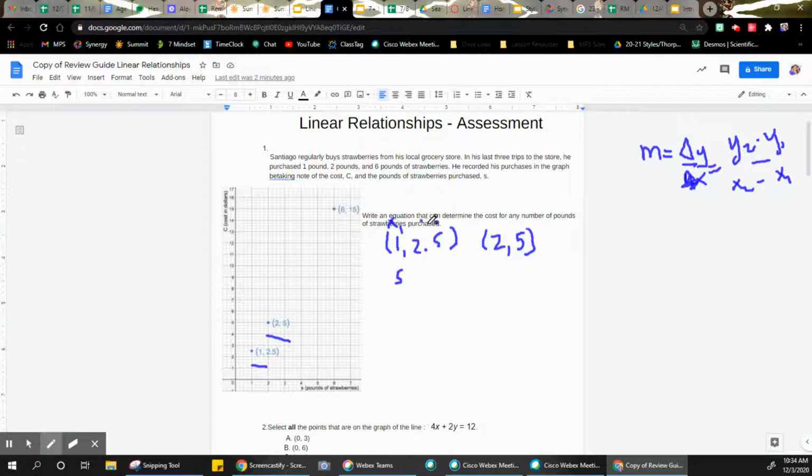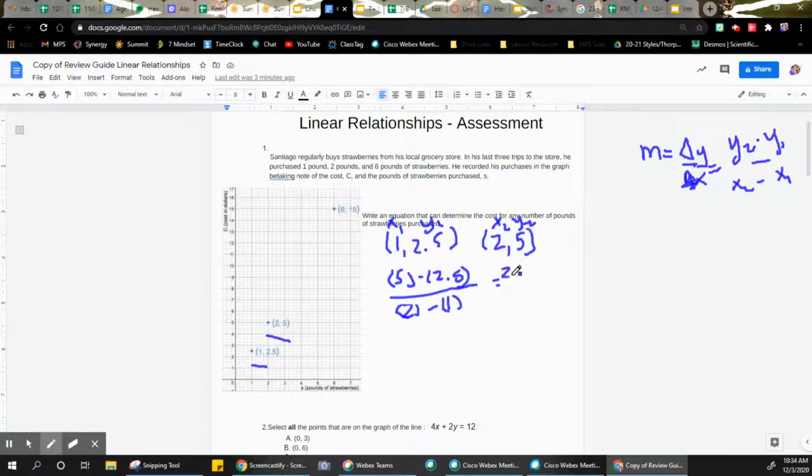Sorry, I skipped a step. x1, y1, x2, y2. Now I'm going to plug it in. So since 5 is my y2, it goes first, minus 2.5, which is my y1, all over 2, which is my x2, minus 1, which is my x1.